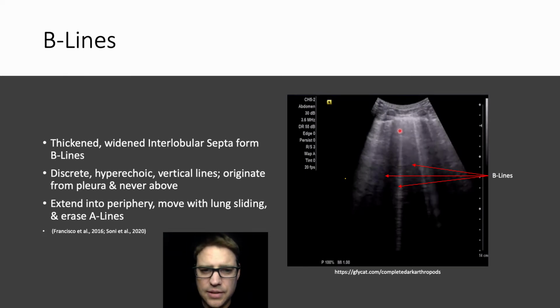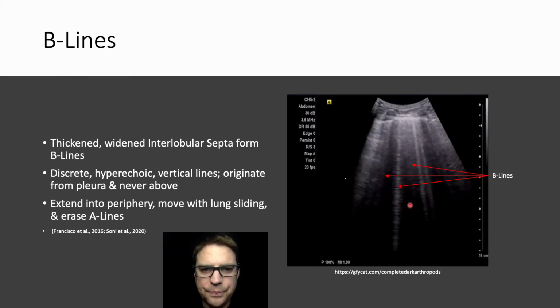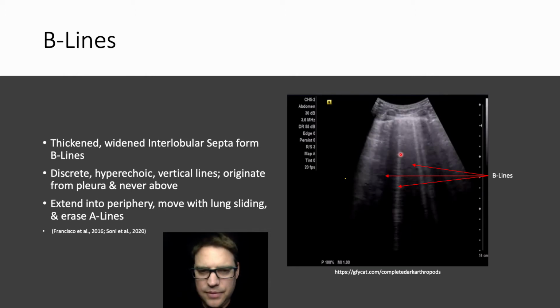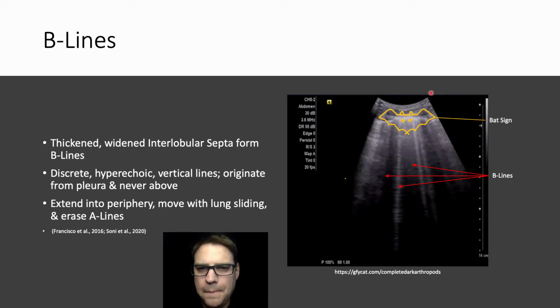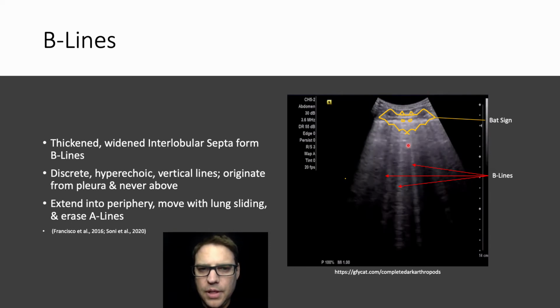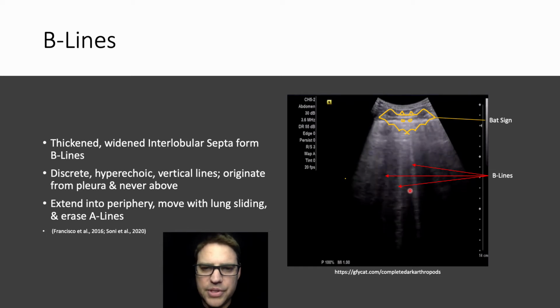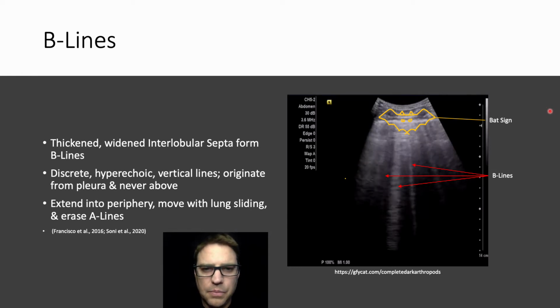And these B-lines actually extend all the way down into the periphery. And then when you look for that bat sign, you can see that the bat sign is still there. And then these B-lines occur when the interlobular septa are thickened or widened, such as in pulmonary edema.